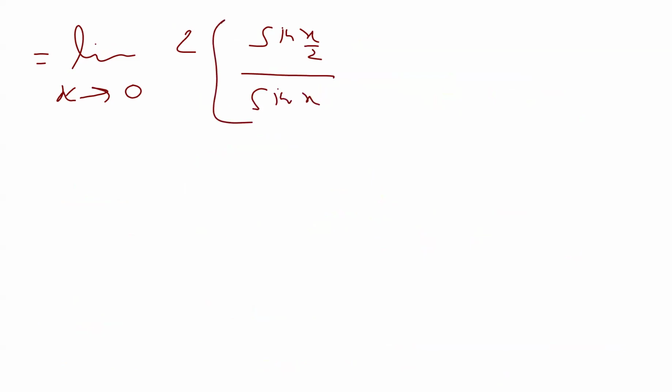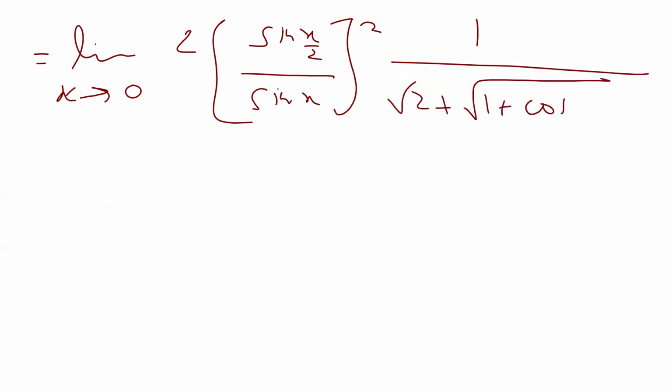So we can just group the squares, it will be easier. So limit x approaching 0, 2 sin x by 2 upon x, the whole square, okay, times 1 upon root 2 plus root of 1 plus cos x.